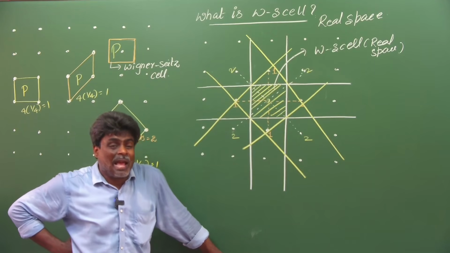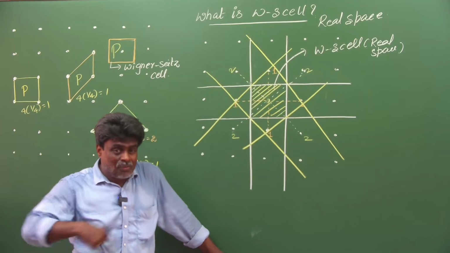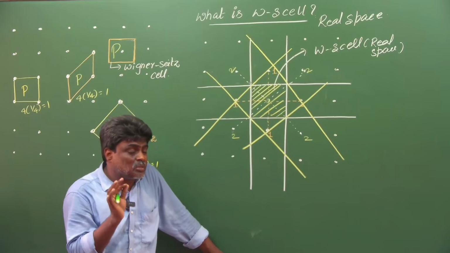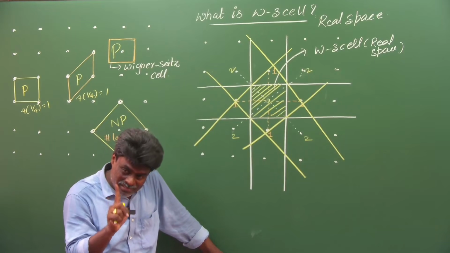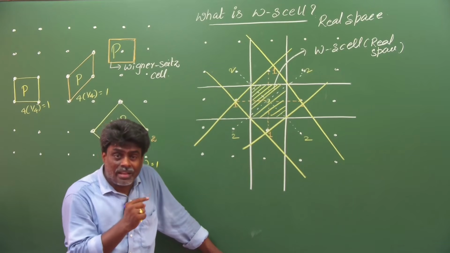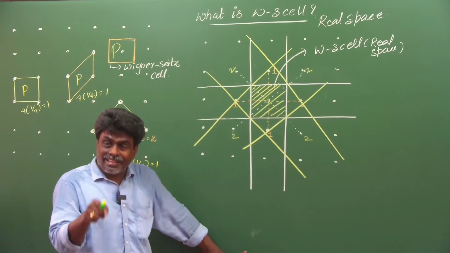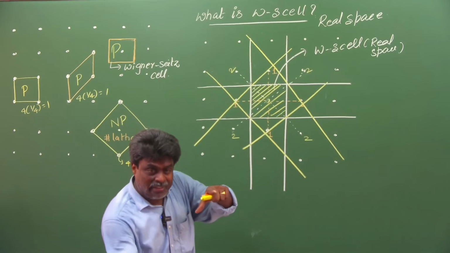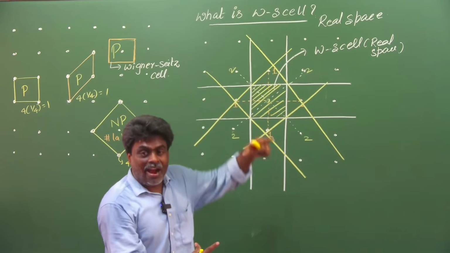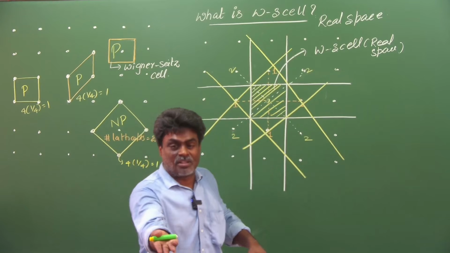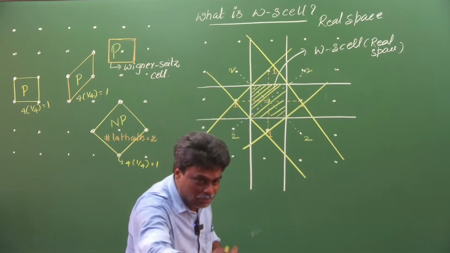That is called Bragg plane. White color lines are called first Bragg planes. Yellow color lines are called second Bragg planes. The region enclosed between the first Bragg plane and the second Bragg plane is called the second Brillouin zone.